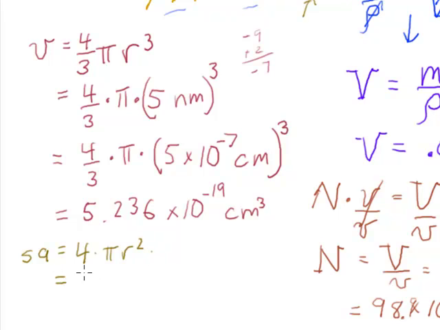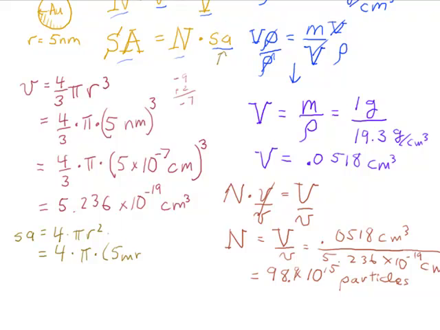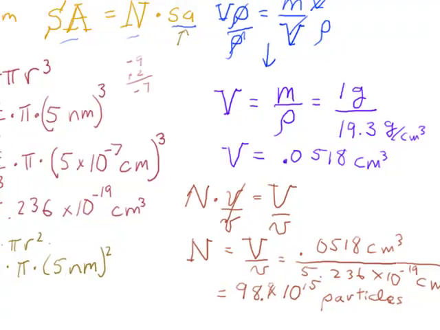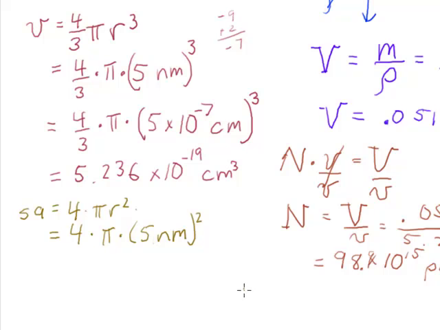So I can substitute in 4 times pi times 5 nanometers, oops, that should be nanometers squared. And again, if I think about my answer, remember I want my answer to come out in how many square meters per gram.